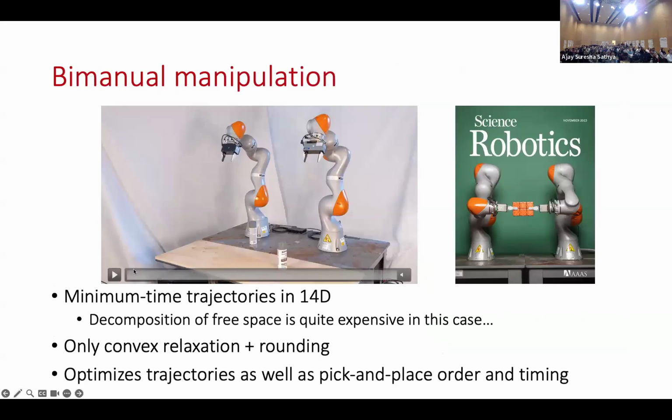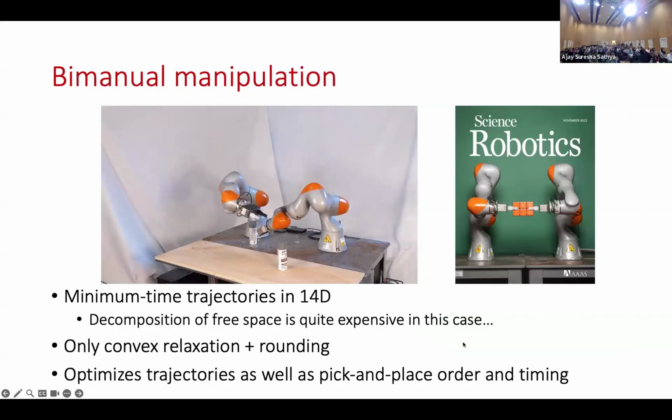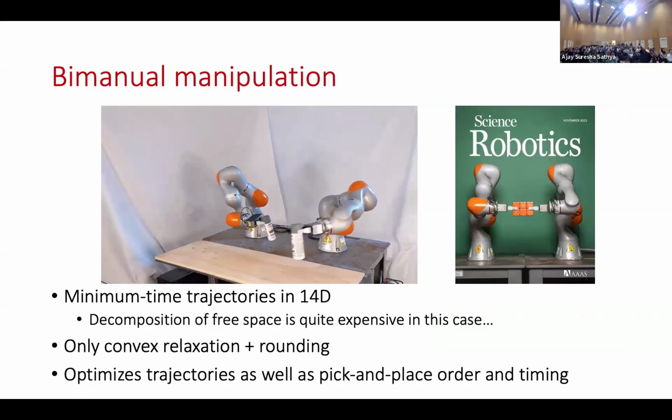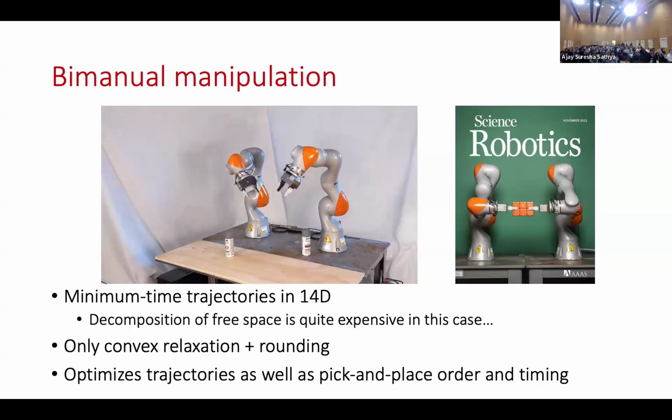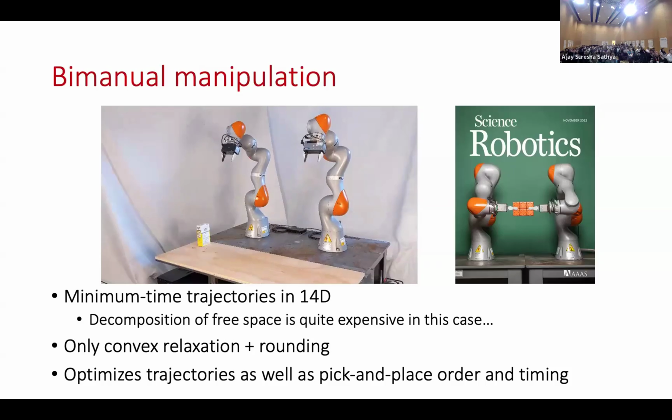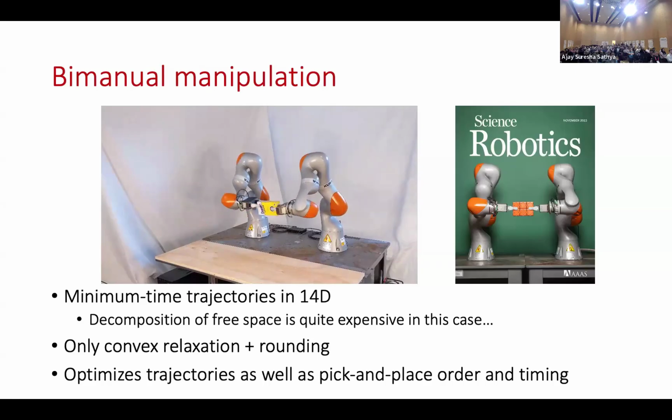This applies also to higher dimensional problems. Here you have 2 robot arms that are completing non-trivial motion planning problems. Here we are planning the trajectories in the 14-dimensional joint configuration space of the 2 robots. Needless to say, decomposing this 14-dimensional space into convex sets is a complex issue.